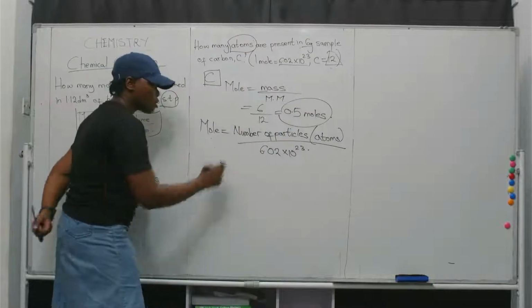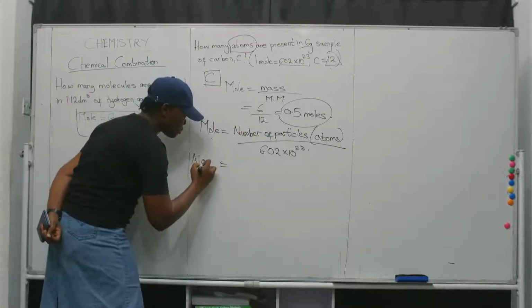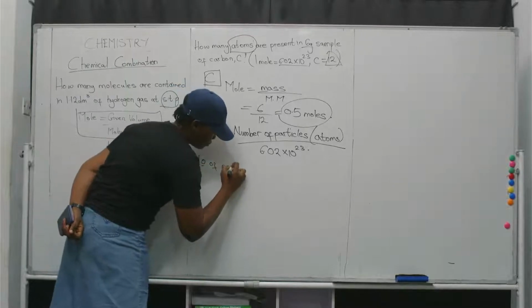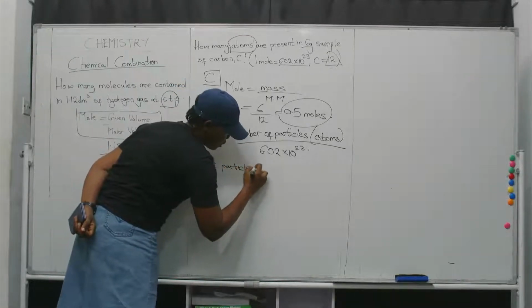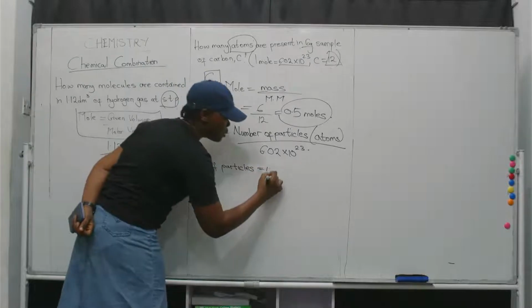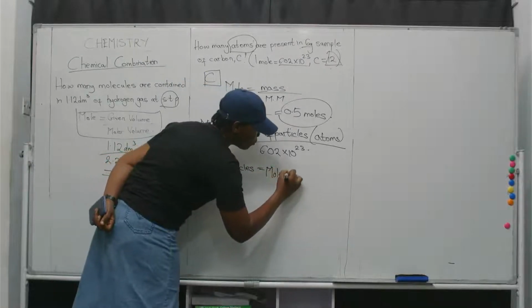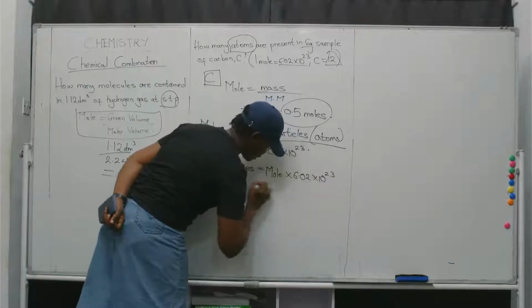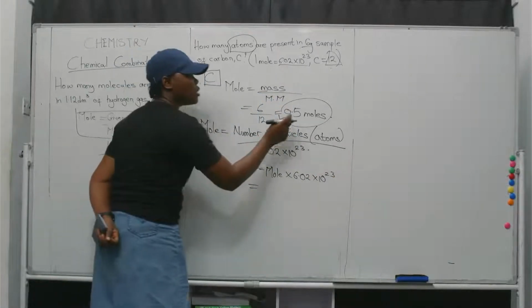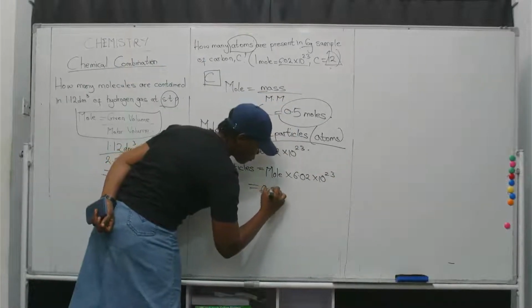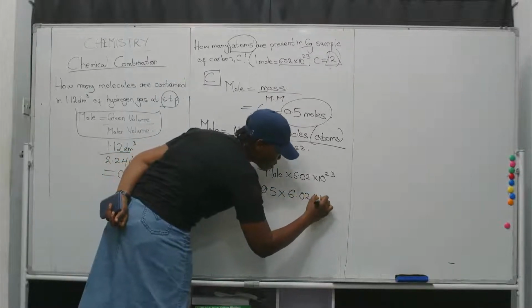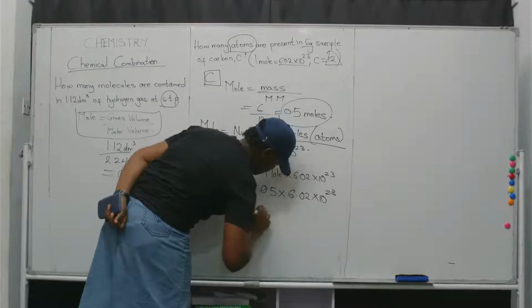And we know this. So number of particles equals mole multiplied by 6.02 times 10 raised to power 23. The calculated mole is 0.5, so 0.5 multiplied by this value, 6.02 times 10 raised to power 23.